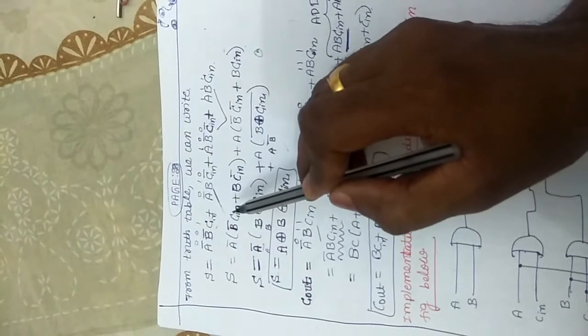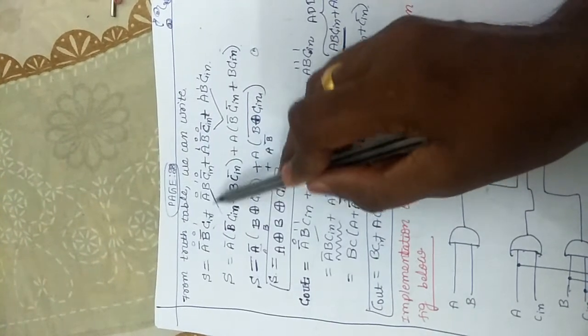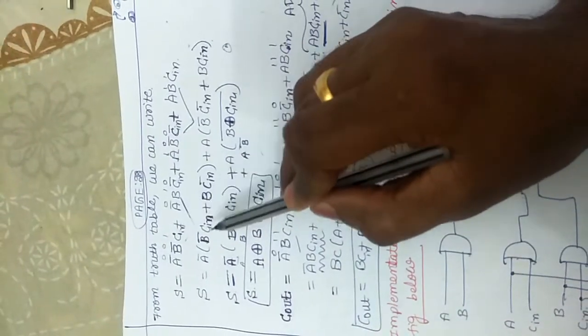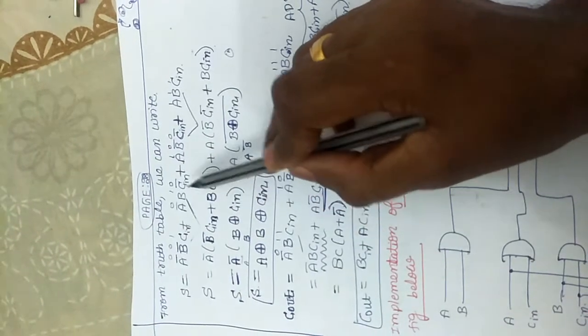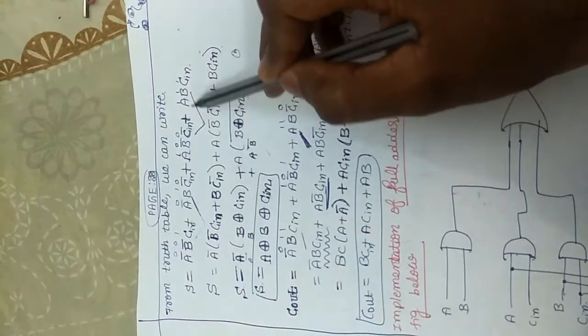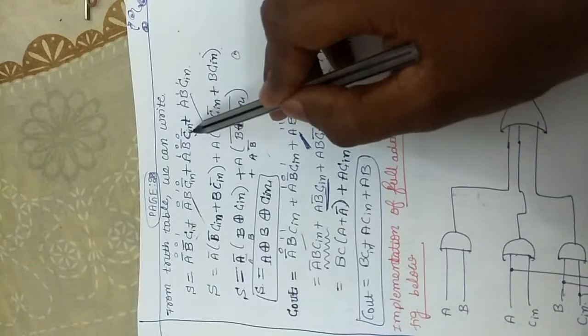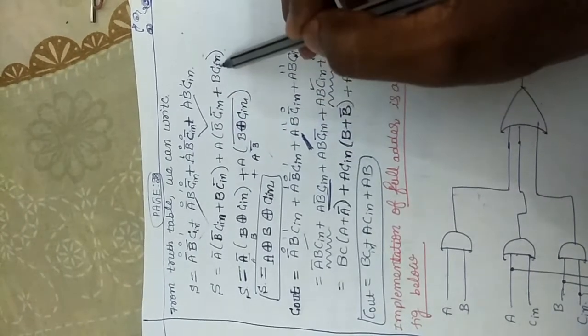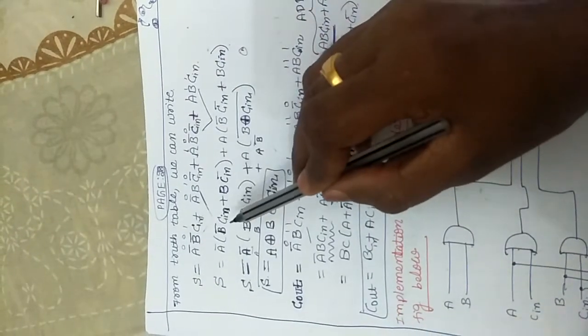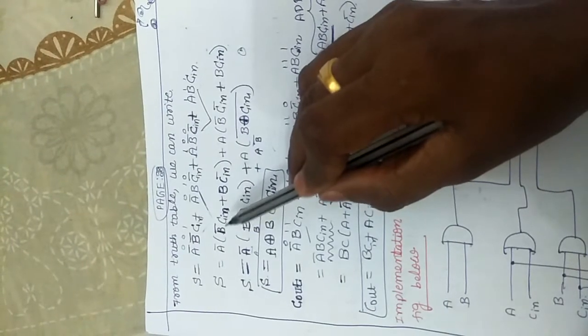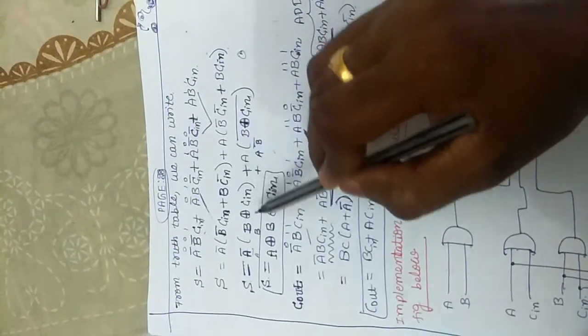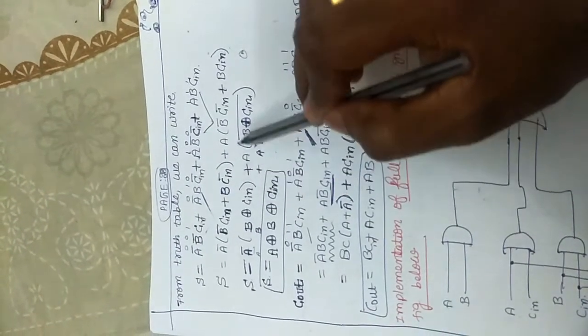After that, from the first one you have to take A bar as a common factor. You are left with B bar C in plus B C in bar. In the second you take A as a common factor, B bar C in bar plus B C in. So this is in the format B bar C in plus B C in bar, which means XOR gate, B XOR with C in.